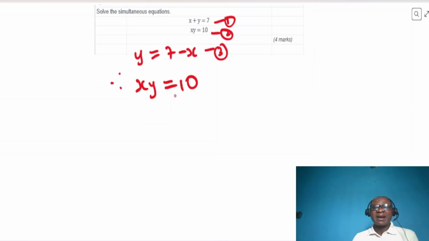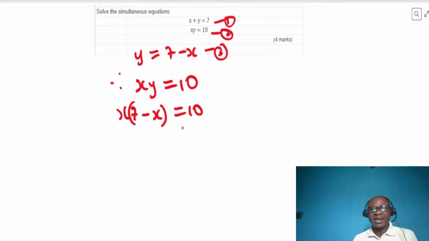I will now replace y with 7 minus x. That is for y. I will multiply it with x, and it will be equal to 10. I have replaced equation 3 into equation 2, and this is what I got.